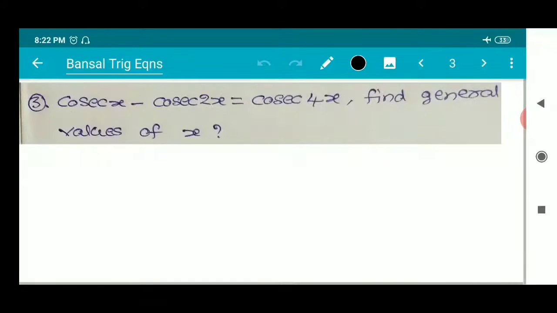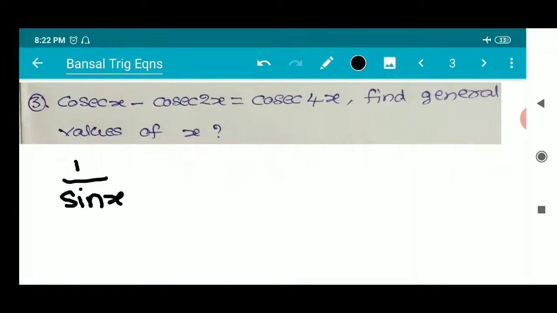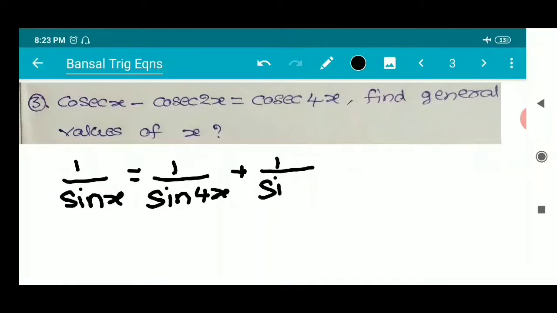Next question. Cosec x minus cosec 2x equals cosec 4x. So we have to find the general values of x. To solve these kinds of problems, we have to convert into sine first. Okay, so what I am doing is 1 by sin x. I am sending this LHS part to that side, which is 1 by sin 4x plus 1 by sin 2x.